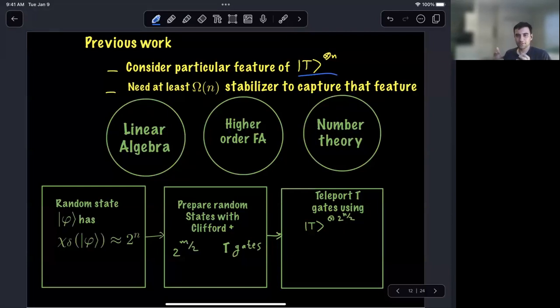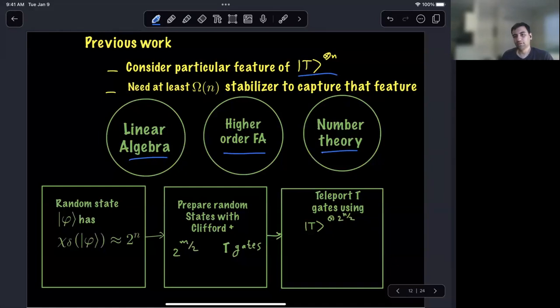And the feature that they considered and the tools that they used were very diverse. They used very interesting tools. One work was using tools from linear algebra. The Farrokh-Labib work was using tools from high order Fourier analysis. And the other work used tools from number theory. They were very interesting work, but they all stopped at this linear lower bound.